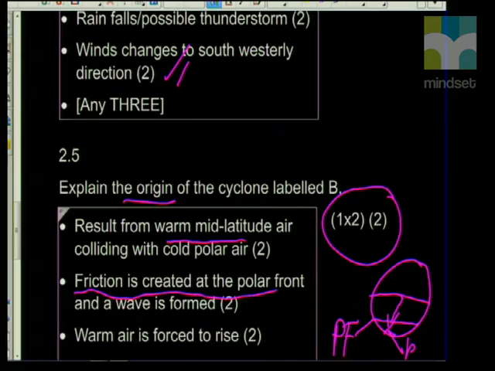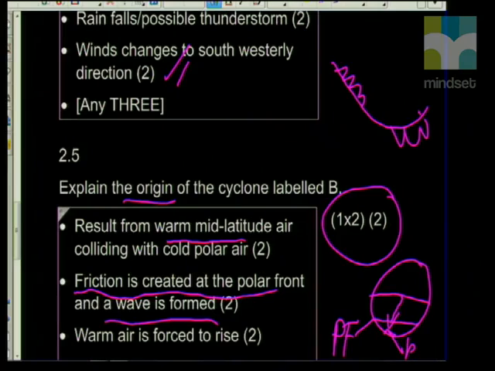Can you see it? Friction created along the polar front creates a wave-like formation. Remember you did that? Where you had your cold front and your warm front, and then you had your wave-like disturbance, and that's when the fronts get separated.